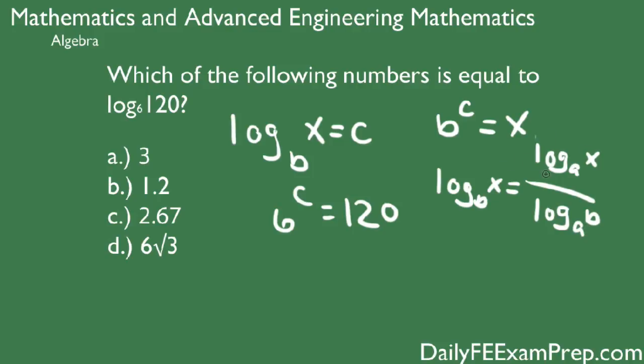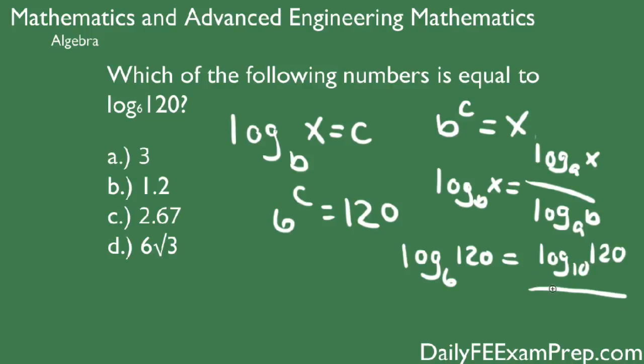So assuming a new base number, which we'll just assume is 10, we can say that log of 120 to the base 6 is equal to the log of 120 to the base 10 all over log of 6 to the base 10.